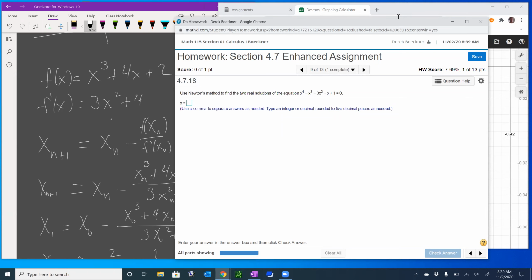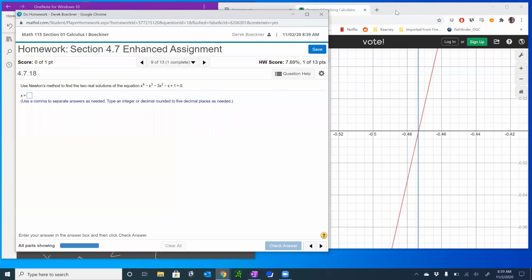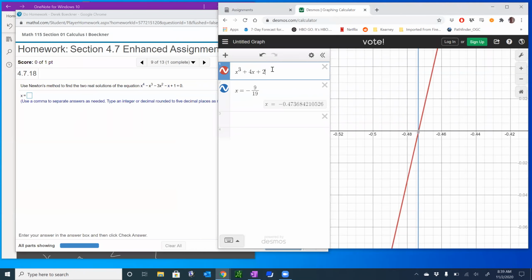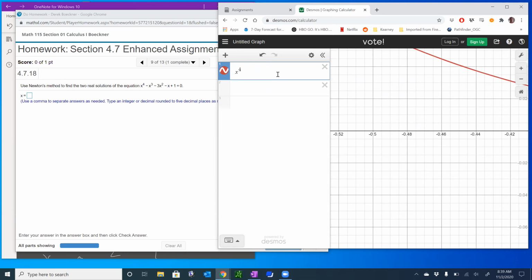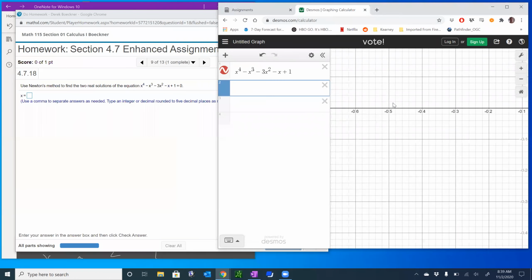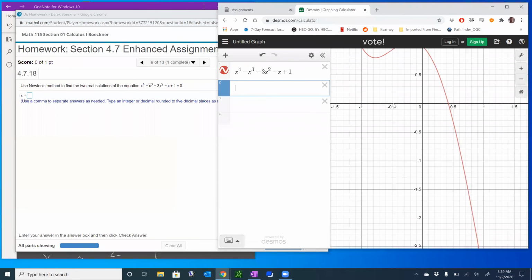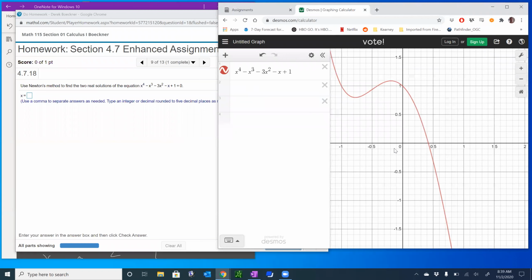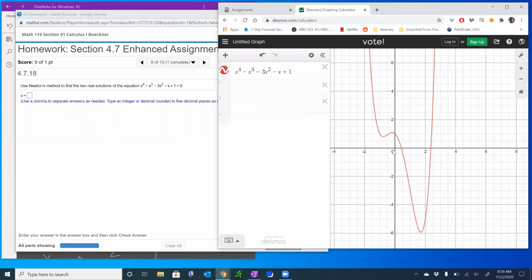Or I might graph this. Get rid of that guy now. And there's two roots there.